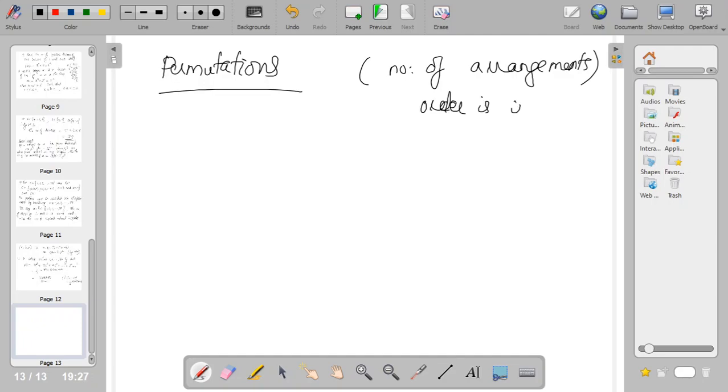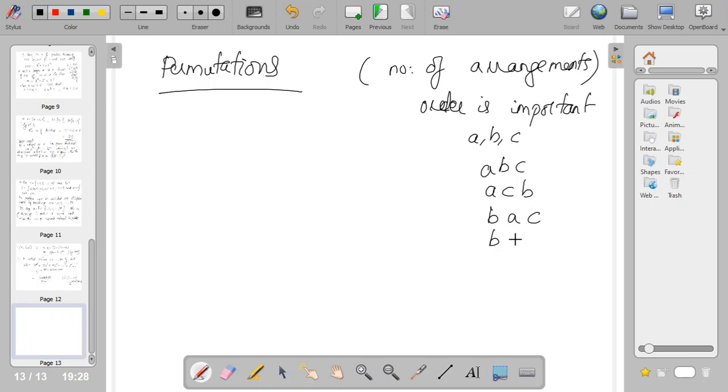So if I have to arrange the objects A, B, C, then arranging in the form ABC, that is different from ACB. Then you have a different arrangement BAC, so that is different from BCA. Again CAB, again you have CBA.